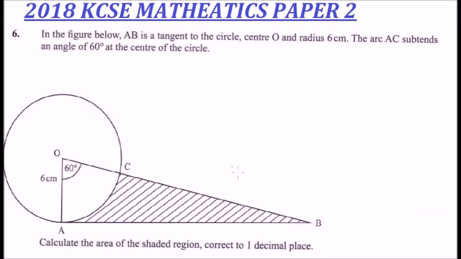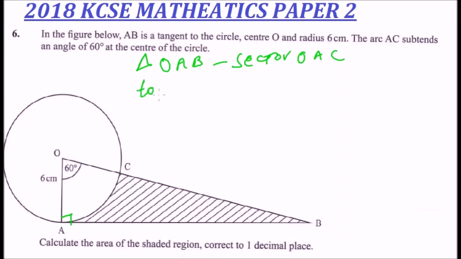So for us to be able to calculate the area of the shaded region, we need to calculate the area of the triangle OAB, and then we subtract the area of the sector OAC. For us to do that, we need to find AB. The tangent makes an angle of 90 with the radius, so we can get AB by using the tangent.